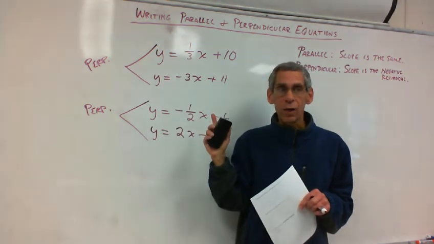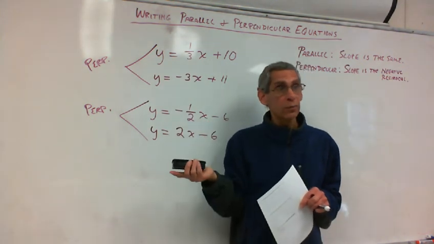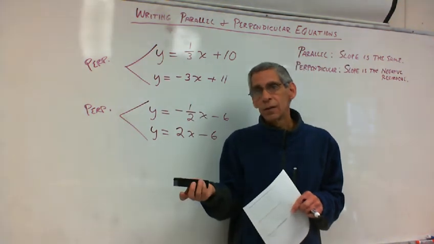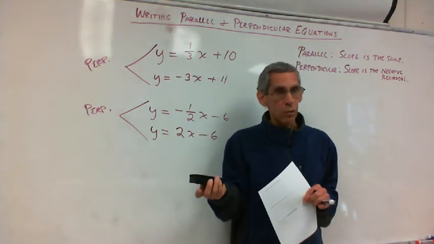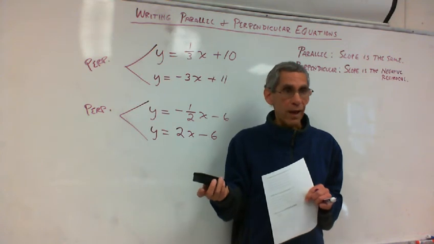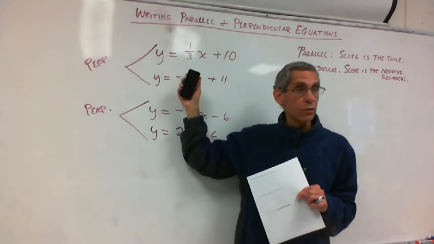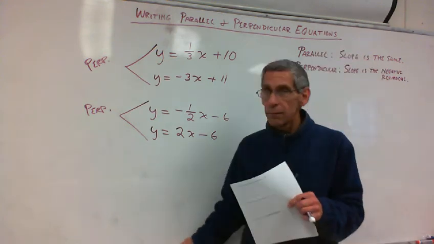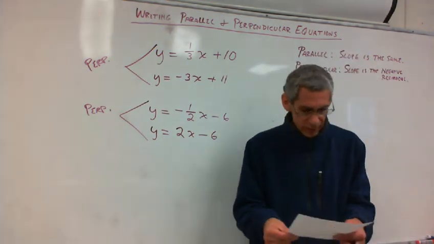It could be in point-slope form too, because you have the slope from that, but it can't be in standard form. Standard form does not tell you the slope. It has to involve a slope. You have to be able to see something you know is the slope in order to know that they're parallel, right? Okay, but what if I said this?